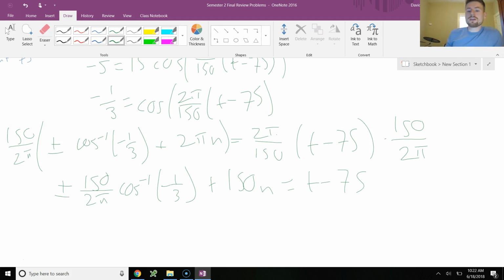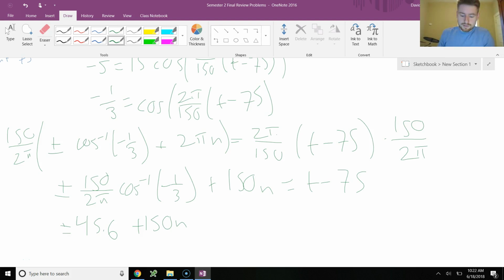From here, I'll just evaluate these numbers. Let's make sure I'm in radian mode: 150 divided by 2 pi times the inverse cosine of negative 1/3 is equal to 45.6, roughly, plus 150n, plus or minus.